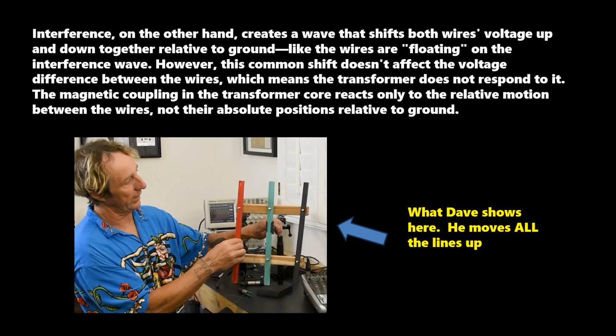If you get a lightning strike and all of a sudden you get 100 volts going through the wire, if it's just 100 plus volts, the transformer will not create a magnetic field for that. It needs a difference of volts or current to create a field. And this is what Dave shows in part of the video.